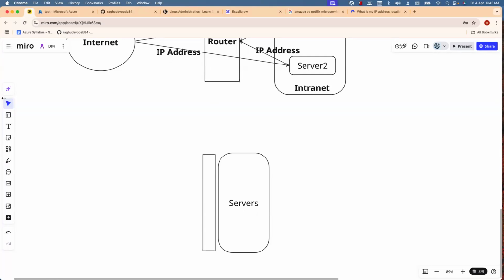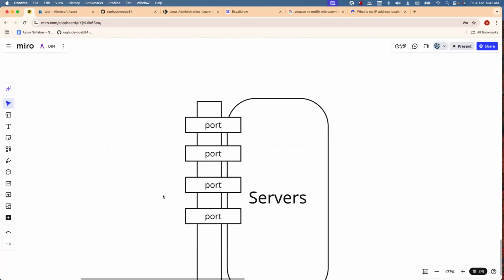That's where the port was introduced. So this is one port, another port like that.